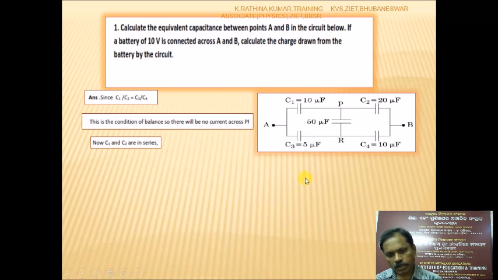If at the points P and R there is no current passing through, then the potential will be the same.